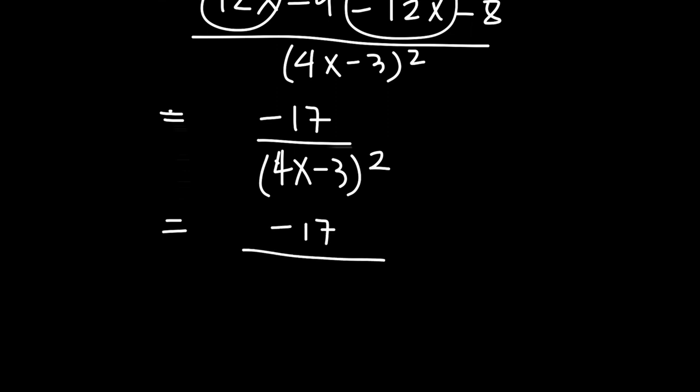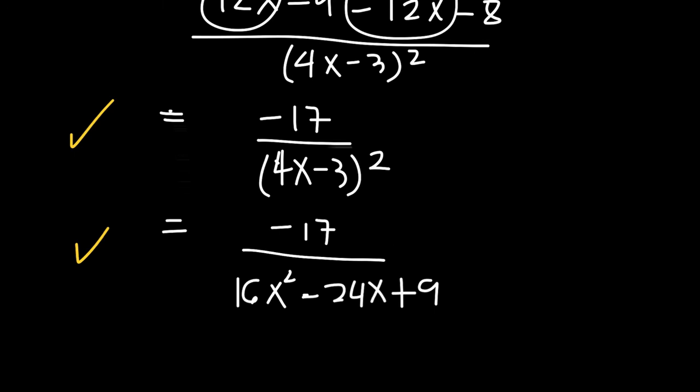The 4x minus 3 squared, you have 16x squared, 4x and 3 times 2, that will be 24x, and then plus 9, and that will be the expanded form of the denominator. So either you stay with the negative 17 over 4x minus 3 squared, or you can expand the denominator and make it 16x squared minus 24x plus 9.